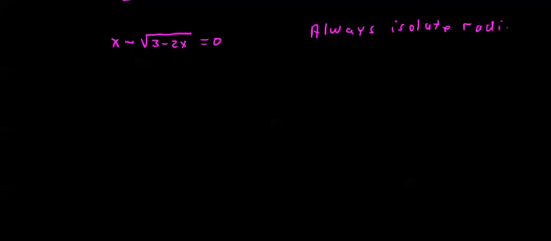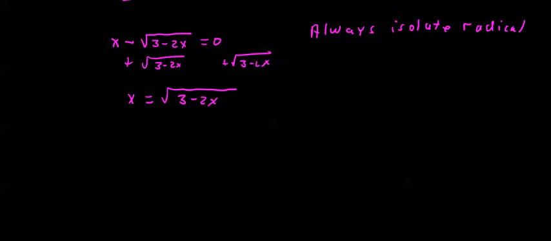If you don't, it's not going to work. So I'm going to isolate the radical. I'm going to add the radical 3 minus 2x to both sides. And we end up with x equals the square root of 3 minus 2x.